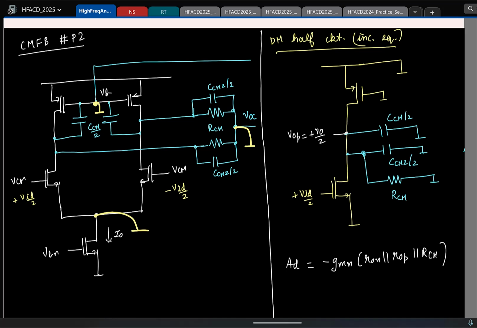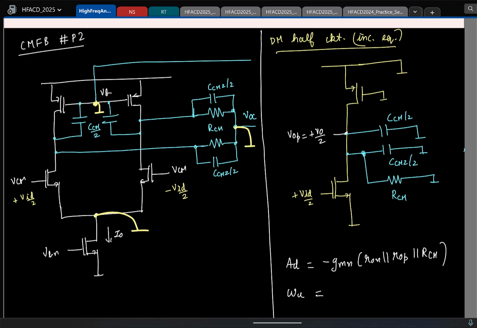Can you tell me what is the unity gain frequency of this? GM? For a single stage, is it a first order system or a second order system here? Unity gain frequency, how will you find? Well, let's say for a first order system, I give a transfer function. What is the unity gain frequency? How will you find?